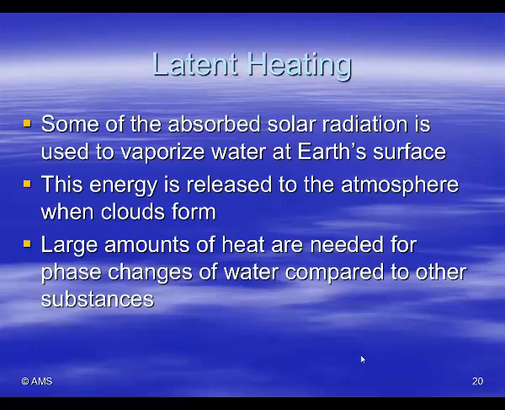So latent heating: some of the absorbed solar radiation goes into vaporizing water at the Earth's surface, and this energy is released into the atmosphere when clouds form. So large amounts of heat are needed for phase changes of water compared to other substances.